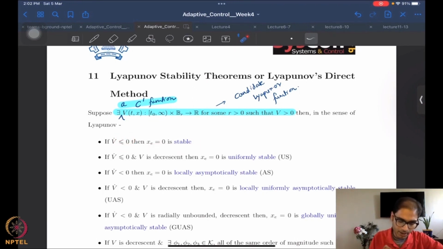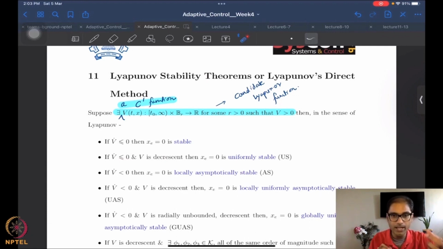The second statement says that in addition, if V dot is negative semi-definite and V is decrescent, then the equilibrium 0 is uniformly stable. So if V dot is negative semi-definite only, then 0 is stable. If V dot is negative semi-definite and on top of that V is decrescent, then the equilibrium is said to be uniformly stable.